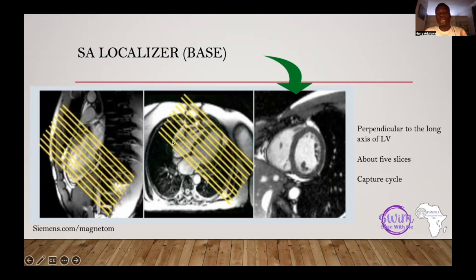So instead of going ahead after my two chambers to plan my four chamber, I do a base short axis localizer.